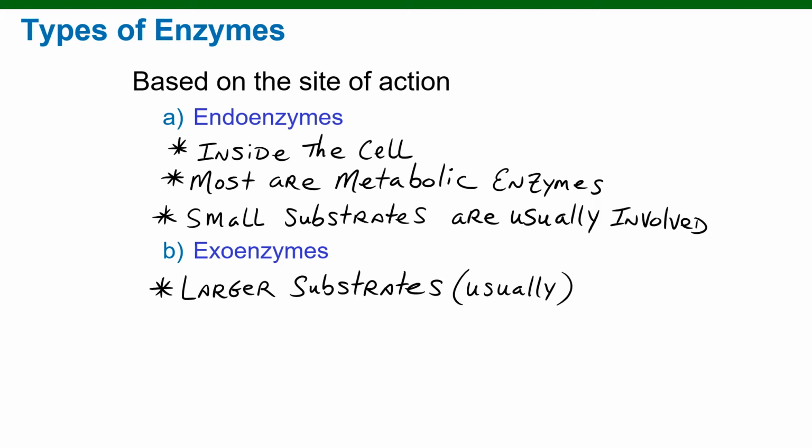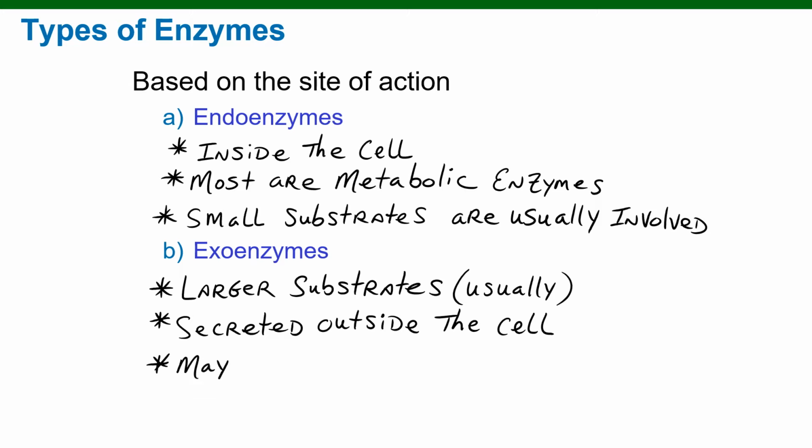And we say usually exoenzymes act on larger substrates, but there can be other reasons for the production and secretion of exoenzymes. So we'll write down here that exoenzymes are secreted, exo referring to outside the cell, but then another reason for exoenzymes may be that there's something outside the cell that could be dangerous, or the cell may need to deal with before that item would do harm to the cell or be taken in.